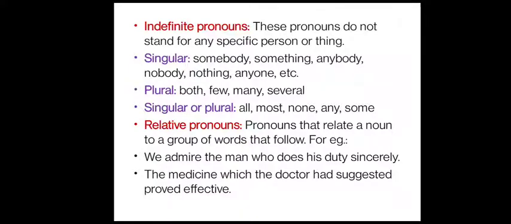Okay, basically in a sentence, when the thing is not so much specified, means you are not sure whether that particular thing is there or not, or the name of that particular thing is given or not, so we are using indefinite pronoun. Basically, pronoun for which we are not sure, we are using indefinite pronoun. These pronouns do not stand for any specific person or a thing.